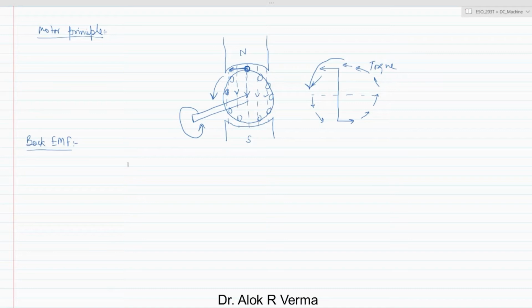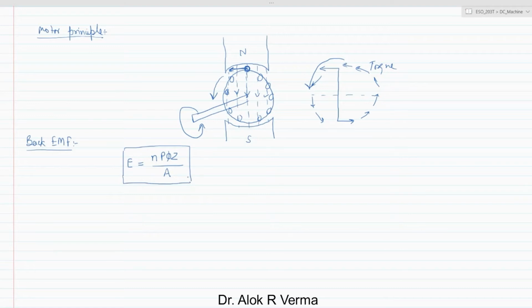There, if you recall, the EMF generated was E = N P phi Z by A, where N is in RPS, or we can write it with small n. This is the EMF equation. The formula is exactly the same for the motor.